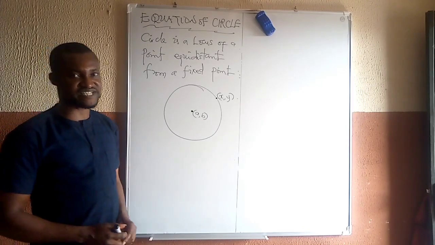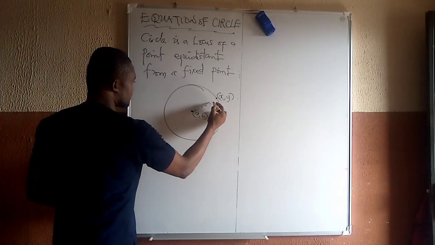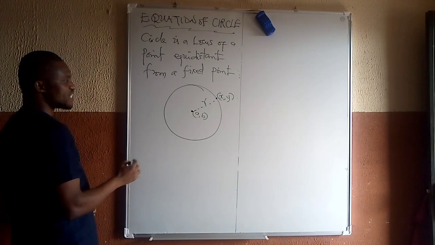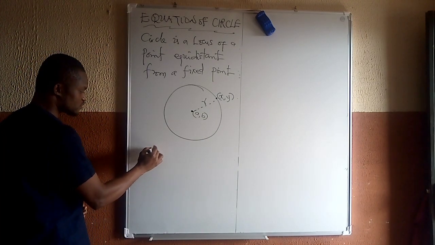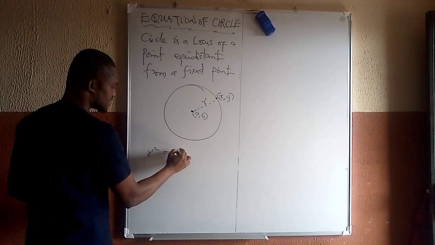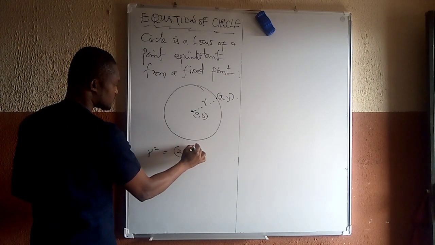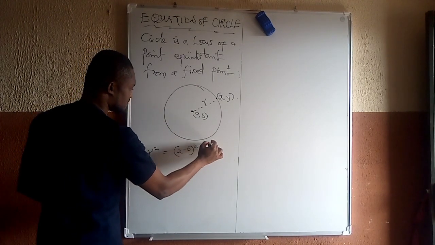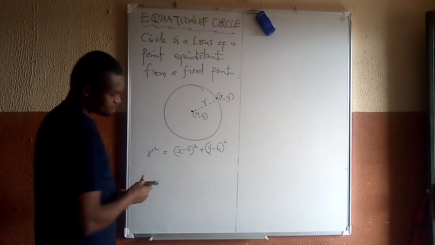the formula of distance, where this here is constant, known as the radius, can be measured as r squared equal to x minus a squared plus y minus b squared.